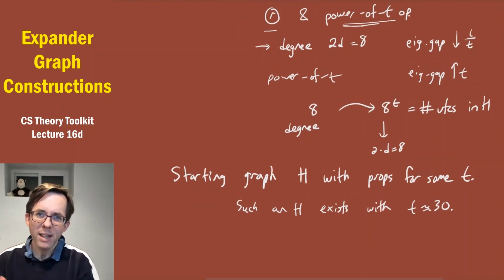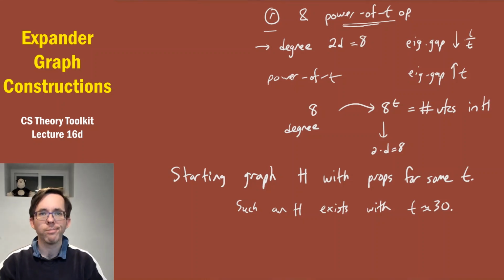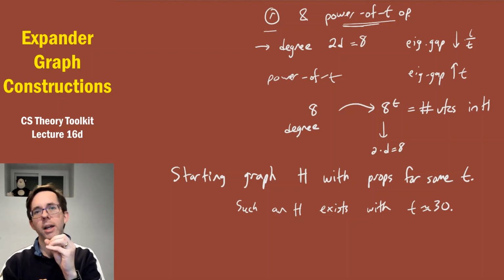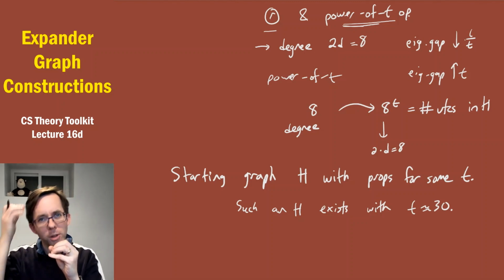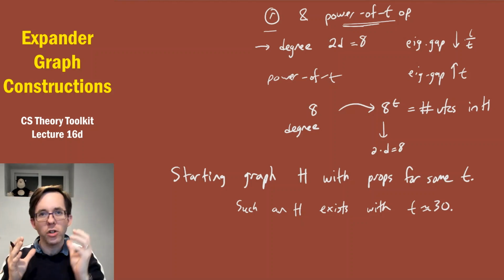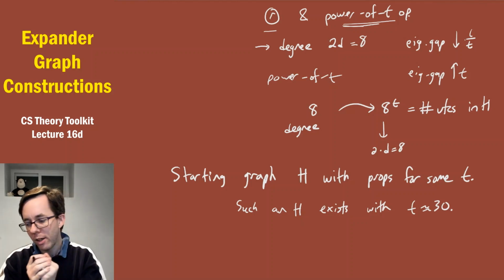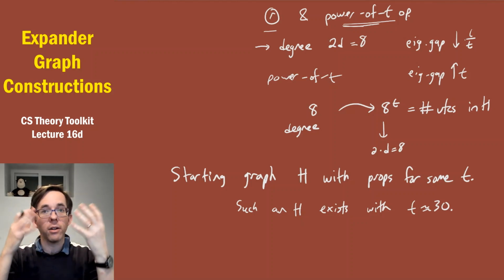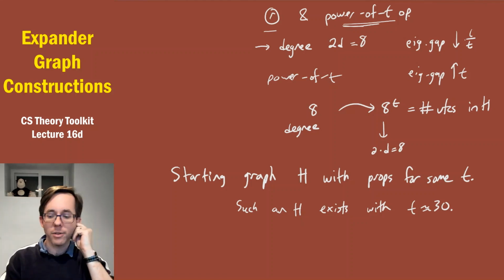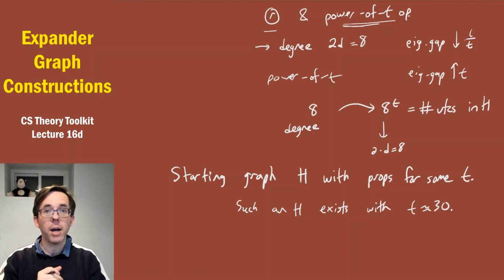Actually, this last step makes it not so practical, since you have to brute force search for this. But there are other ways: you can take a little mini expander using one of the other constructions, like a Ramanujan graph, just to assure yourself that this finite graph exists, and then use it in this iterative process to make bigger and bigger expander graphs. So this is basically the idea of the zigzag product, the replacement graph version.